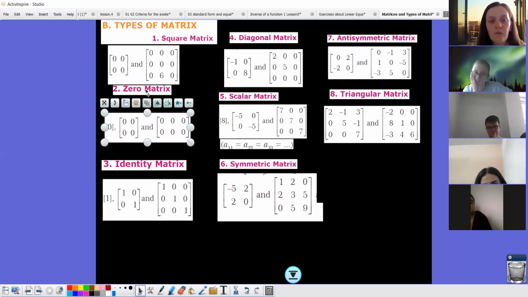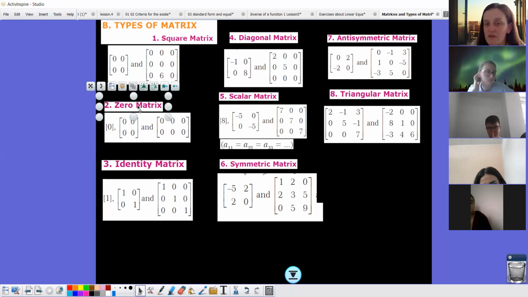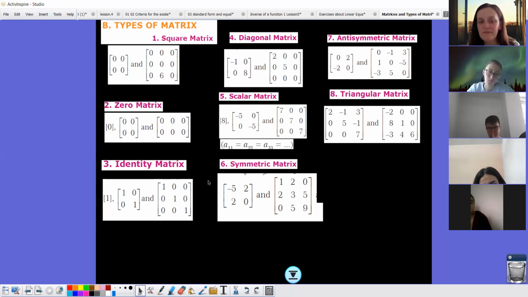Square matrix. What do you think? What can be square matrix? To form square. In squares, all the sides were the same. Do you remember? If it is 2 rows, also the columns will be 2. So 2 by 2, 3 by 3: the number of rows and columns will be equal.